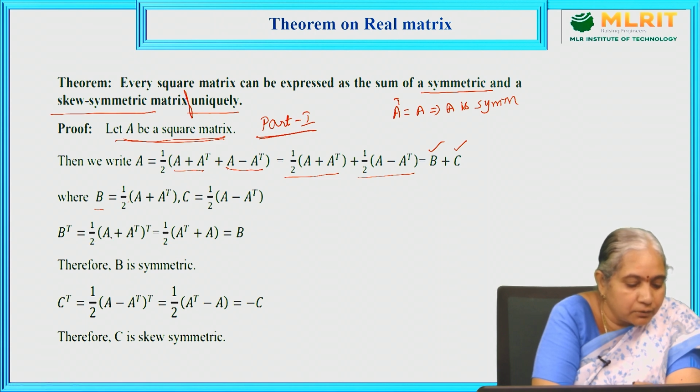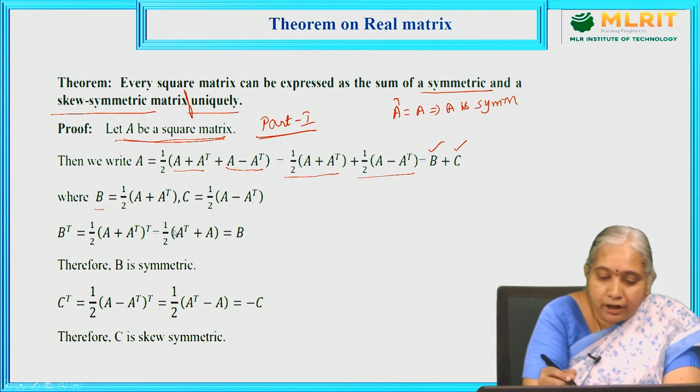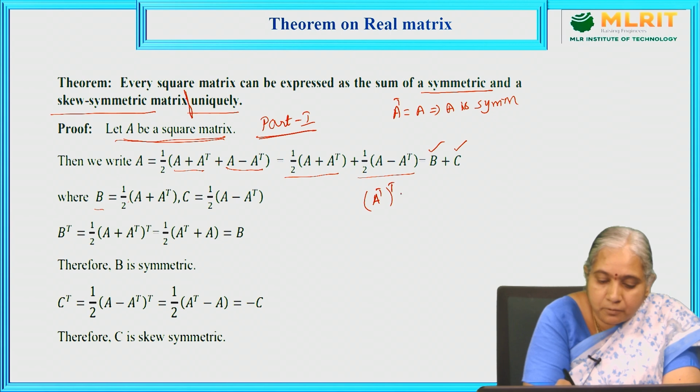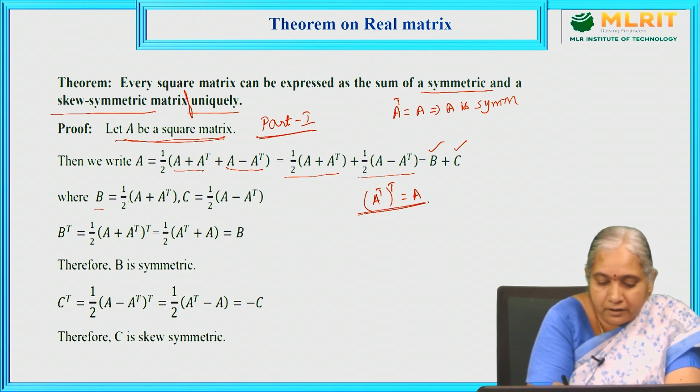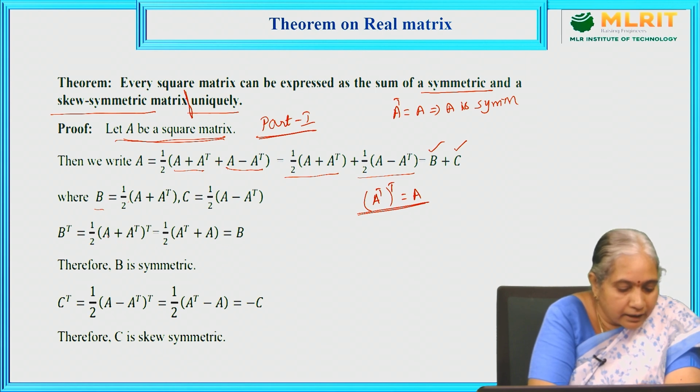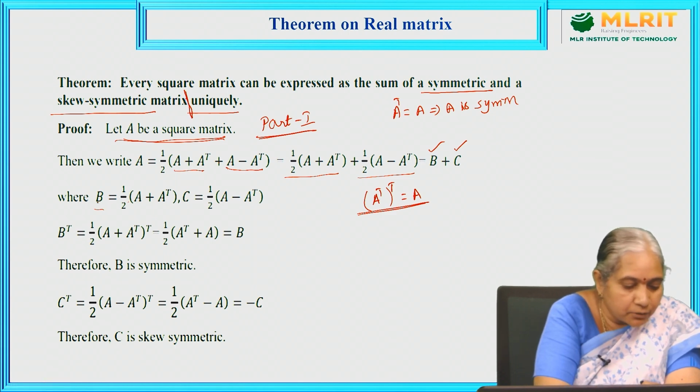And we have a property of the transpose: A transpose whole transpose equal to A. So 1 by 2 into A transpose plus A transpose whole transpose equal to A. Applying this property, A transpose plus A transpose whole transpose is A. So here 1 by 2 into A plus A transpose, or A transpose plus A, is B only.